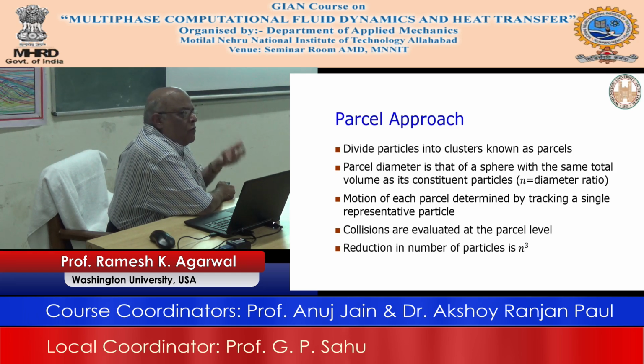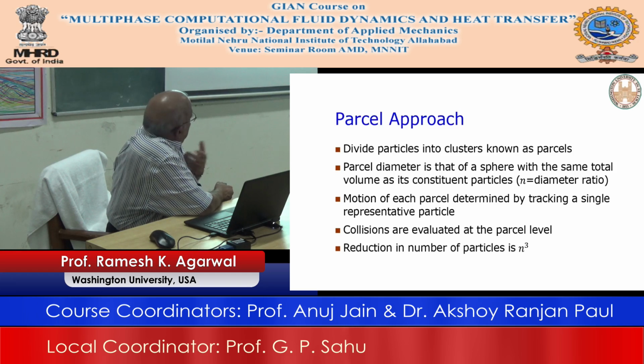So this is where your judgment and experience come in, that okay, 20 is enough for a good answer. Similarly, experience comes in as to how large the parcel size should be. Depending on the size of the particle that you are considering, the parcel diameter is that of a sphere with the same total volume as its constituent particles.